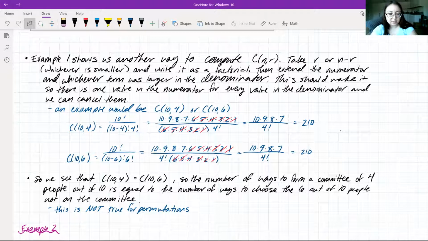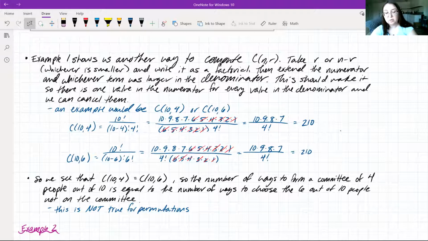We also see that if we have C of 10, 6, that's going to give us 10 factorial divided by 10 minus 6 factorial times 6 factorial. Now 10 minus 6 factorial is going to be 4 factorial. So what we're going to extend out is our value of r, which was 6.